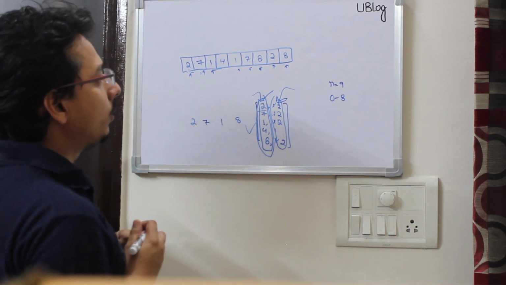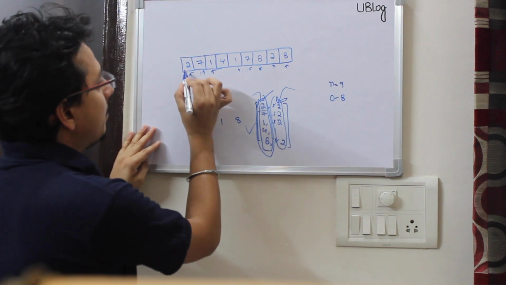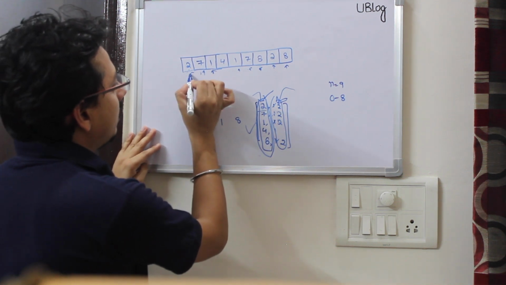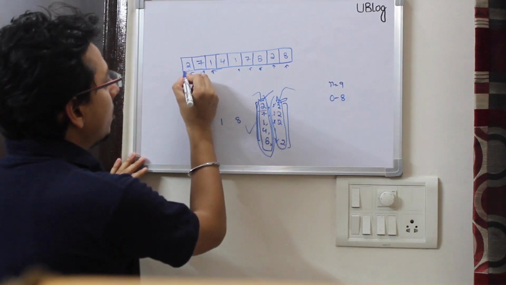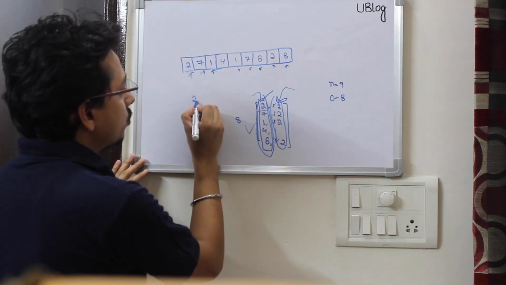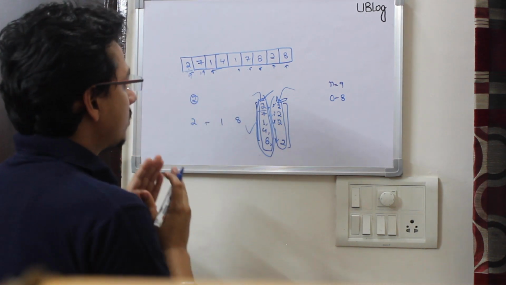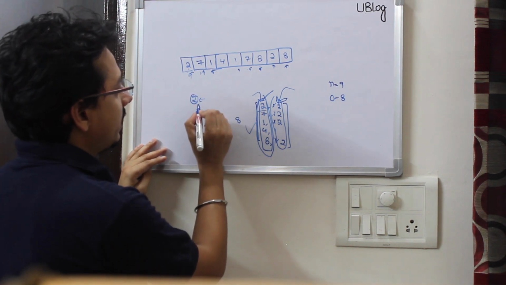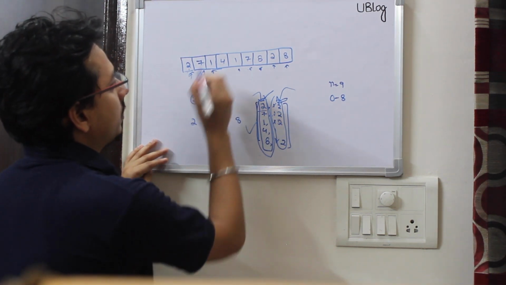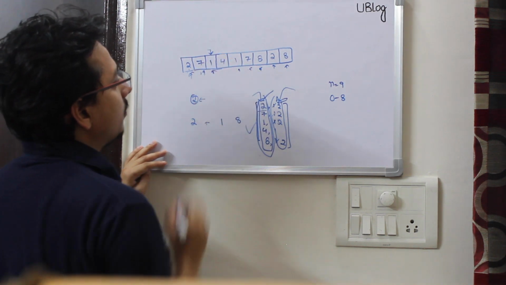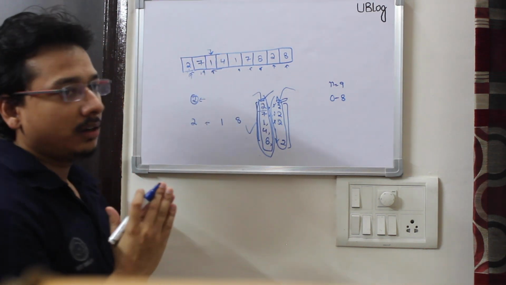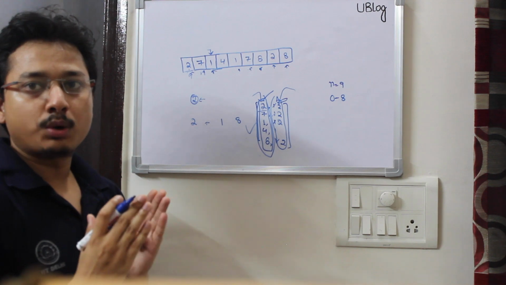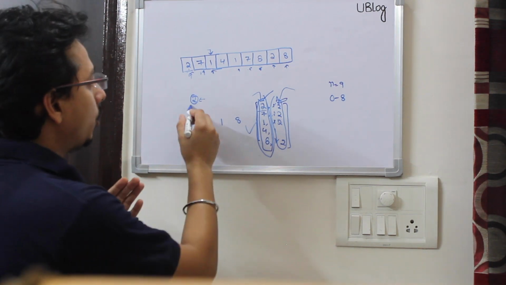So what we can do is, for example, let's see. I'm at my first node, and the value of the first node is 2. I need to somehow save the number of 2's present in the array at the second position. This will be the position where I'll store the count of occurrence of 2.